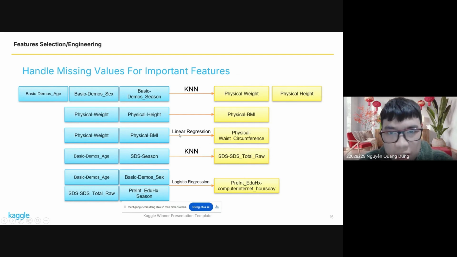We chose linear regression for waist circumference due to its linear relationship with the weight and the physical BMI. Logistic regression for the internet usage hours because it is a classification task, and we just pick k-nearest neighbor for the remaining cases.